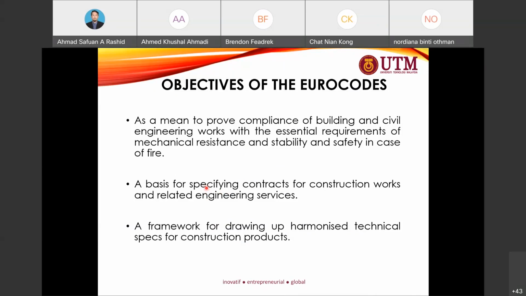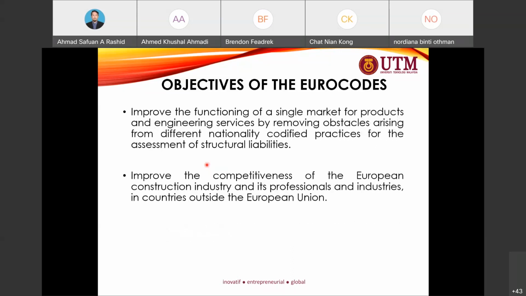The second one is as a basis for specifying contracts for construction works and related engineering services. Number three is a framework for drawing up harmonized technical specifications for construction products.